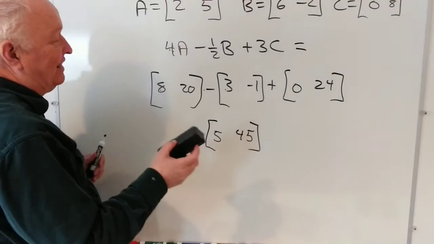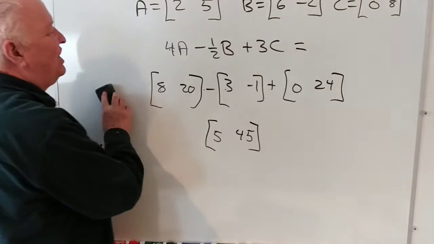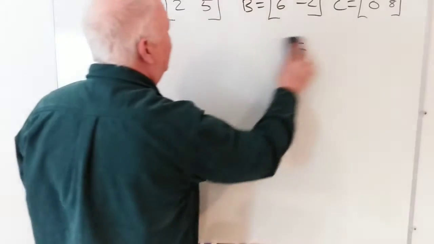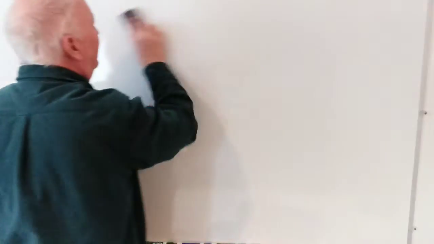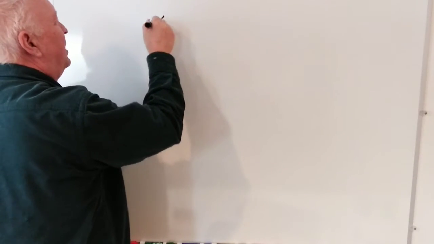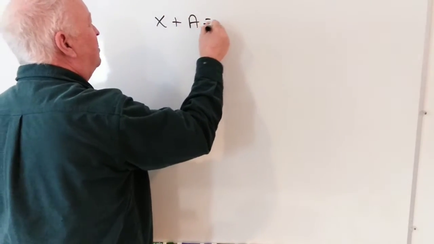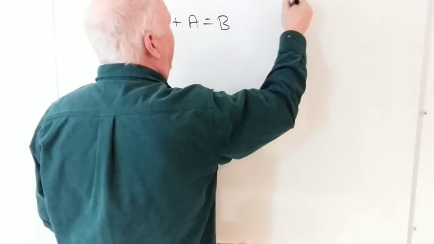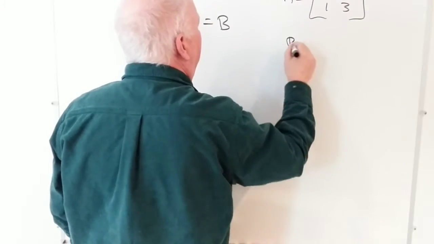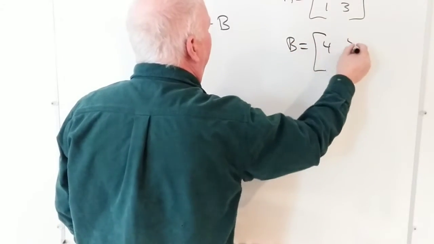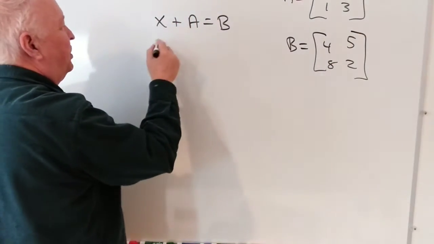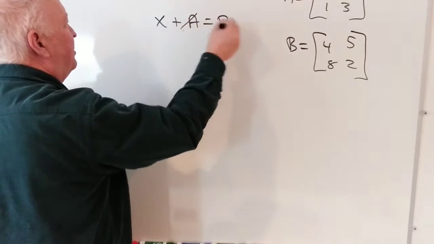Of course, that leads us to, what about solving equations with matrices? Can we have equations that are built of matrices? Yes, let's try this one. X plus A equals B, and A equals 2, 1, 6, 3, and B equals 4, 5, 8, 2. Well, we would solve it like we would an equation. Cancel A and bring it to the other side.